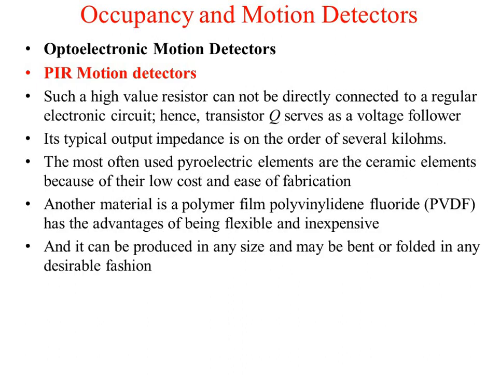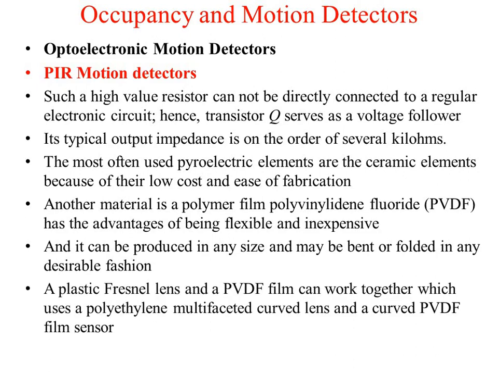You can manufacture it in any size, and you can fold it or bend it in a desirable fashion. That is the advantage of using this polymer film. It is very difficult to pronounce, but just keep in mind PVDF is the proper word.